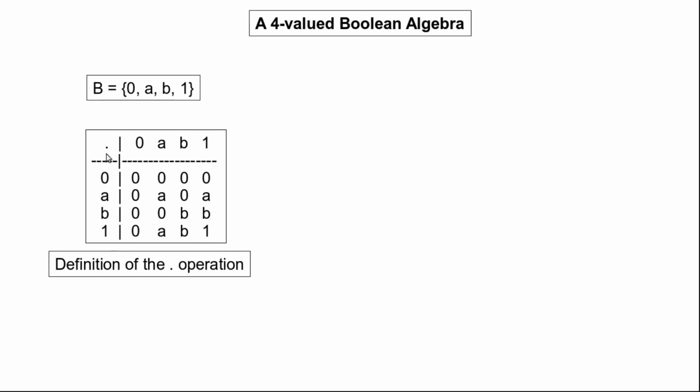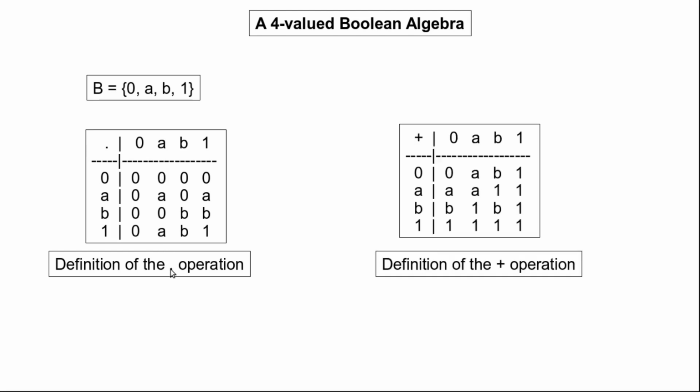It says that 0 dot 0 is equal to 0, 0 dot a is equal to 0, 0 dot b is equal to 0, 0 dot 1 is equal to 0, and similarly a dot 0 is equal to 0, a dot a is equal to a, a dot b is equal to 0, and a dot 1 is equal to a, and similarly for the rest.